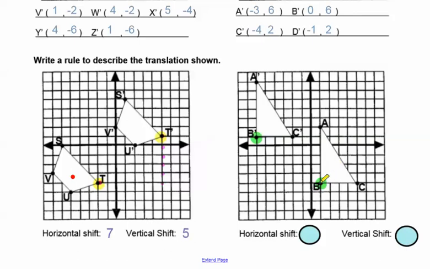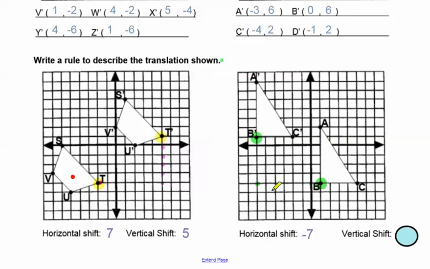Now, my horizontal, I'm moving 1, 2, 3, 4, 5, 6, 7, and I moved to the left 7 from my original. I'm moving to the left 7, which means my horizontal is -7.